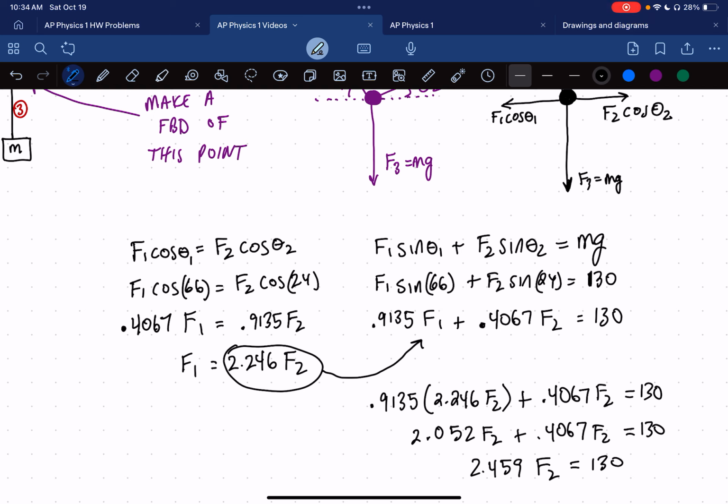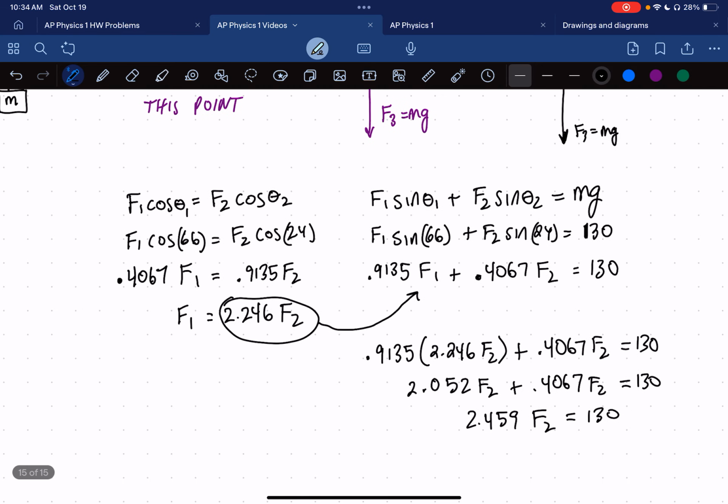And now we will divide. We'll call this 52.9 newtons is equal to F2. No, I should have written that the other way. F2 is equal to 52.9 newtons.